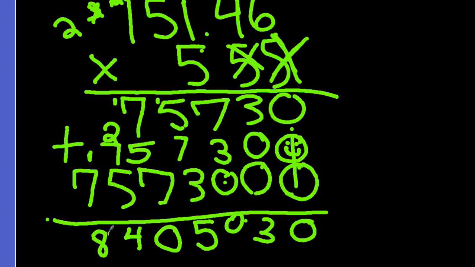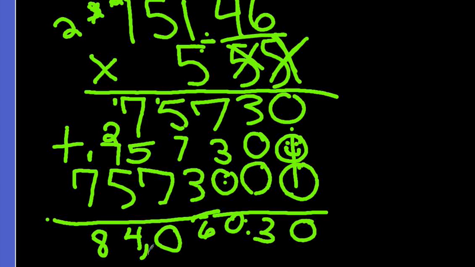And up here, there are two numbers. This is supposed to be a 6. And because we have two numbers behind the decimal, we are going to put the two numbers behind it.